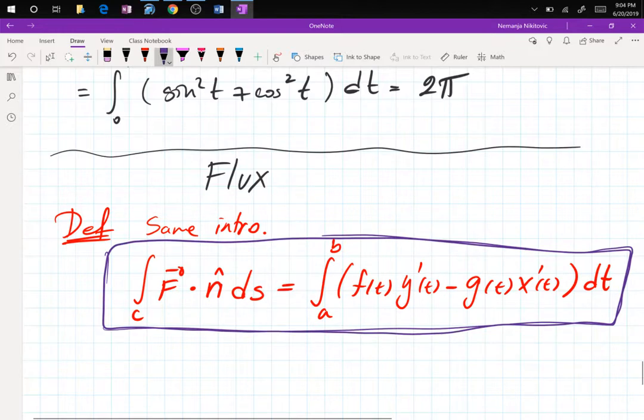So flux is perpendicular, and you can literally think of it as all of the air that is pushed from the fan. You see the blade spins in a plane, but all of the air that is coming out of it is perpendicular to that plane, right? So flux calculates how much stuff you have inside pushing out.